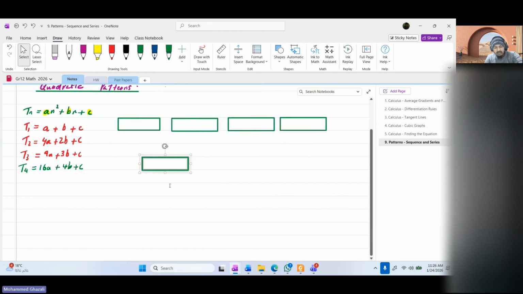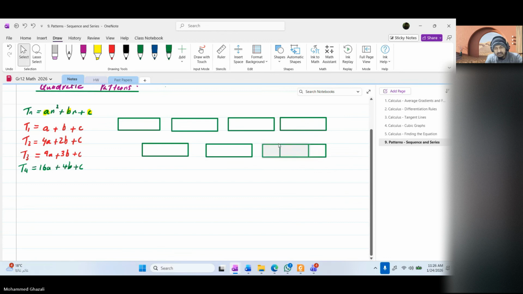After you do that, you're going to get the difference between those terms. Then you'll get another difference here, and another difference here. And guess what? After that, you will find that the common differences are the same, the second difference in a quadratic pattern.